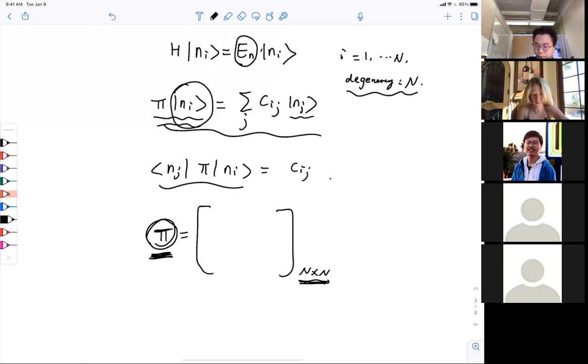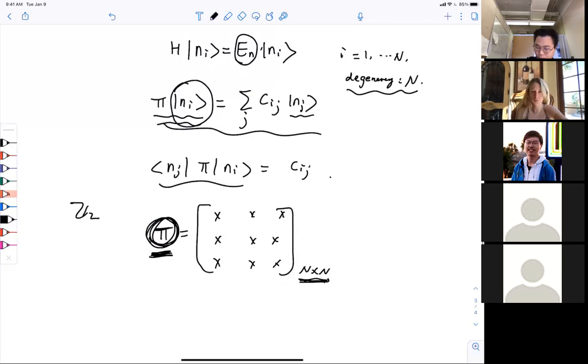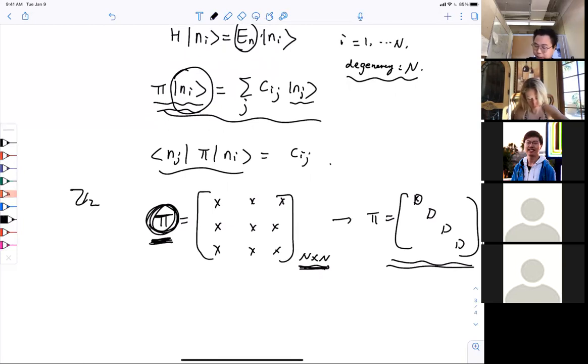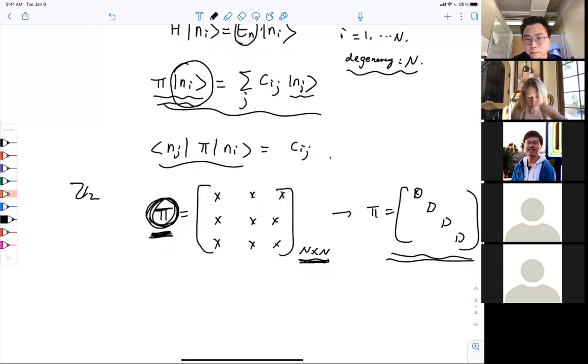And this is equivalent to finding the irreducible representation of this Z2 group. This can be diagonalized into this kind of form. In this new basis, the basis states will be even or odd parity states. Is it clear what I'm saying here?